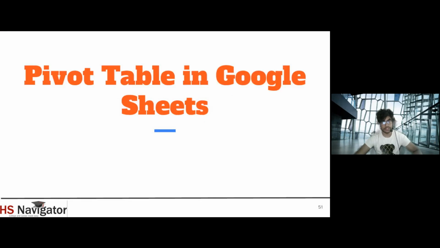Okay, now let's look at live examples. Let's start off with the pivot table in Google Sheets.